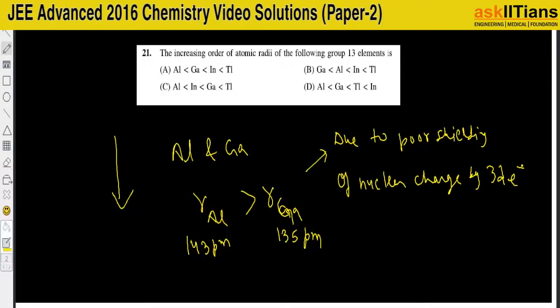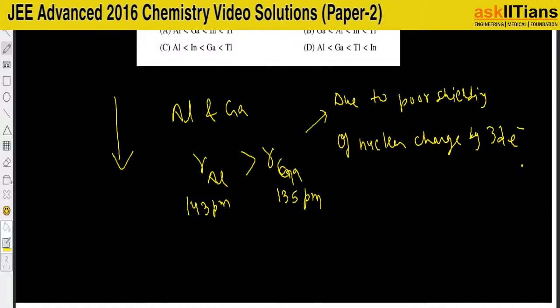So in gallium, which has 3d electrons present over there, the shielding effect is quite poor, and that is why my effective nuclear charge increases a bit and the size decreases. The other things are quite regular with the trends.